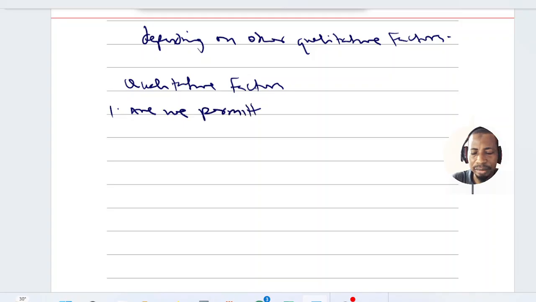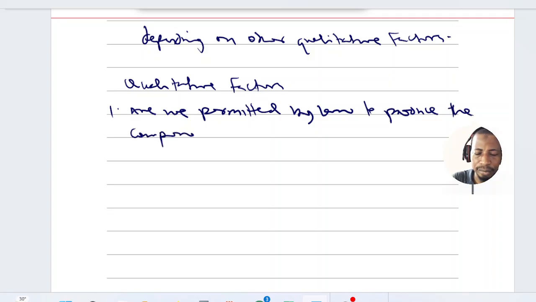You ask, are we permitted by law to produce the components in-house in addition to the company's final product? This is a question that you need to ask yourself.